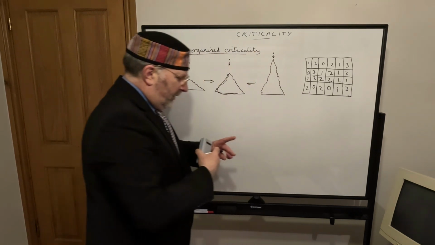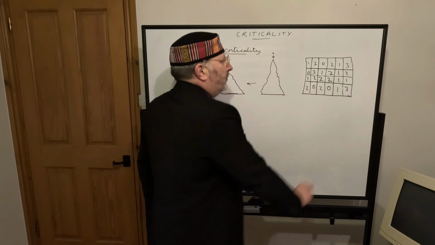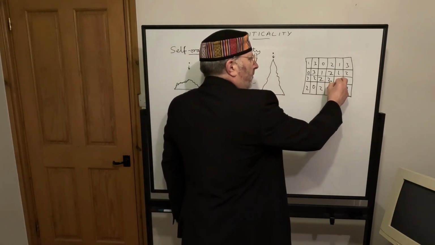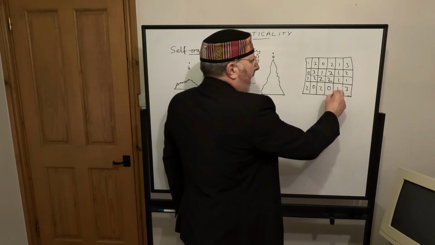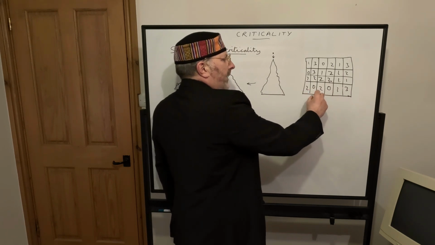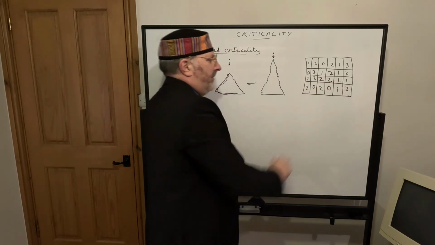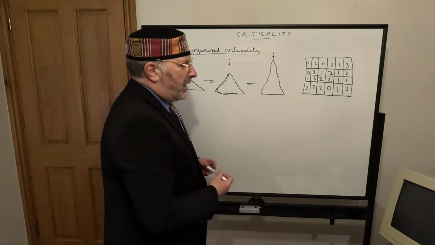And at that point we finish. So we had an avalanche there, which I think involved 4 topplings. We toppled that one, then that toppled this, and that caused that one to topple, and that caused this to topple. And at that point though, everything's back to below 4, and so the avalanche finishes.